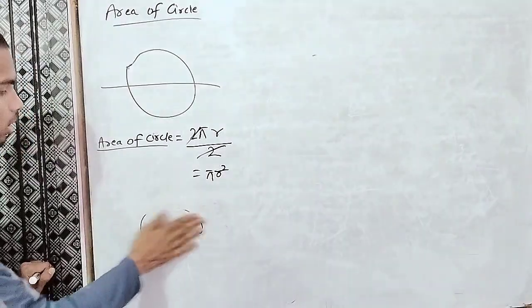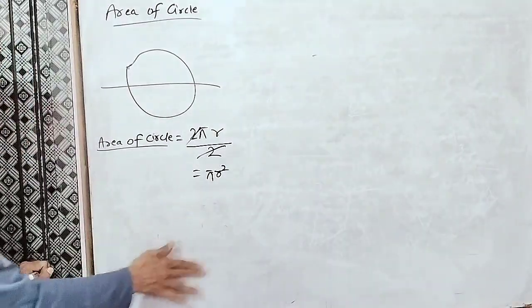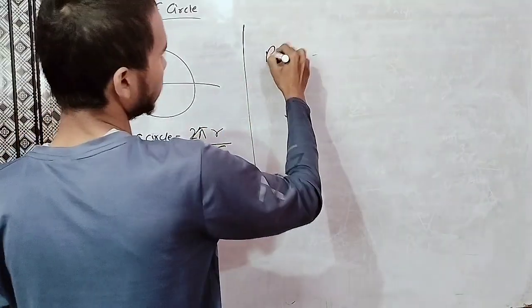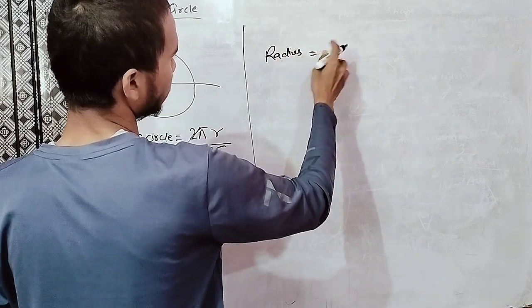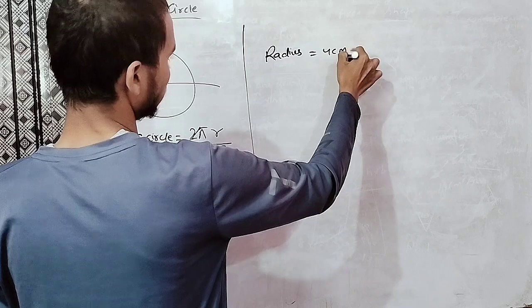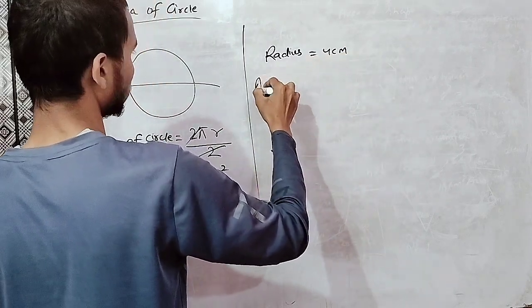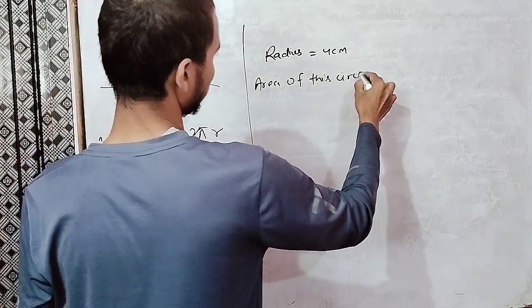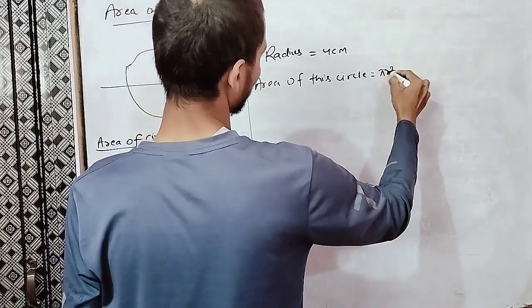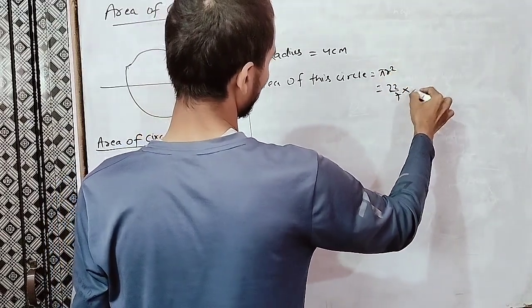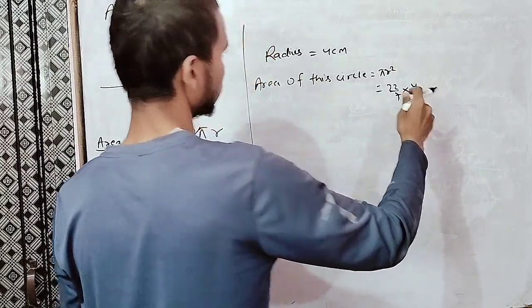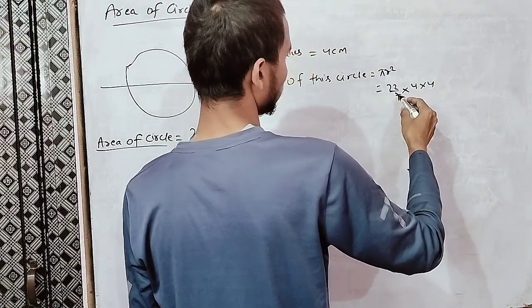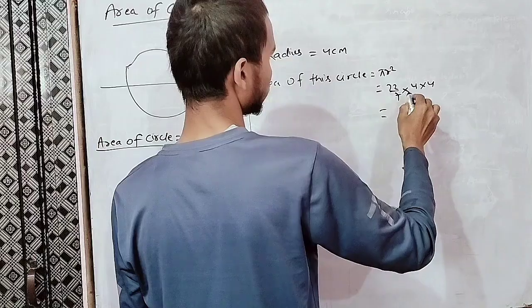Okay. Now let's say the radius of this circle is 4 centimeter. So area of this circle is pi r square, 22/7.